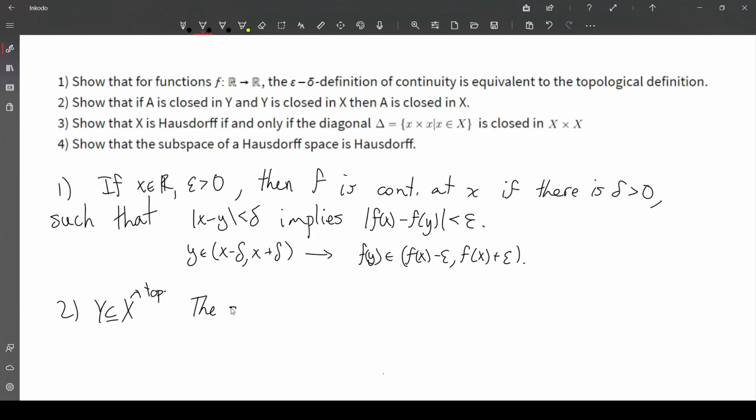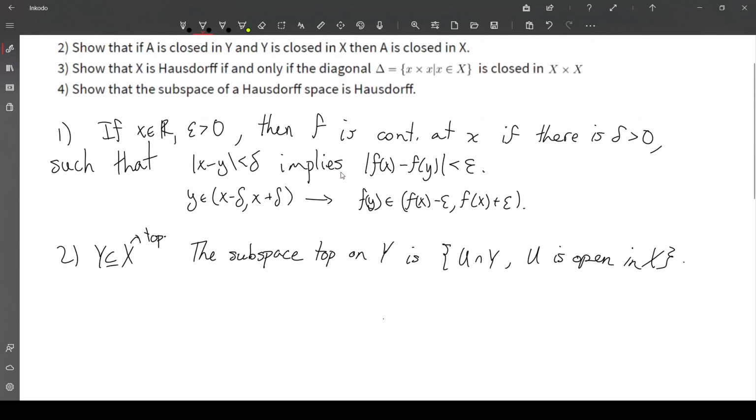Then the subspace topology, which I talk about in my series on topology, on Y is the set of U intersect Y, where U is open in X. So I take my topology on X, all the open sets, and then I just intersect them with Y, and that's my topology on Y. So in other words, A is open in Y means that A equals U intersect Y for U open in X.